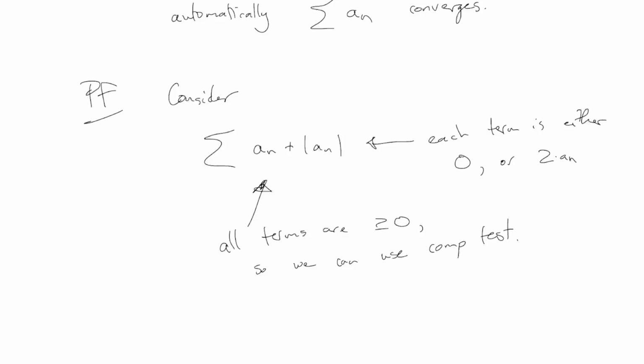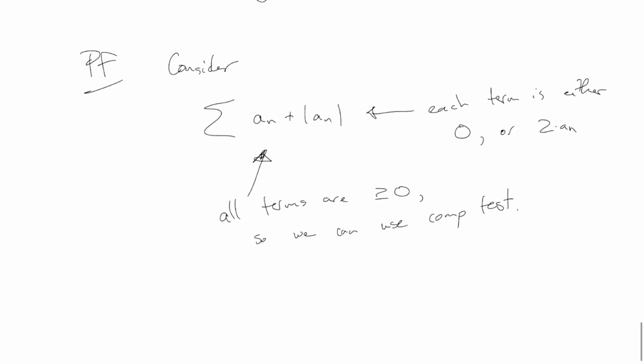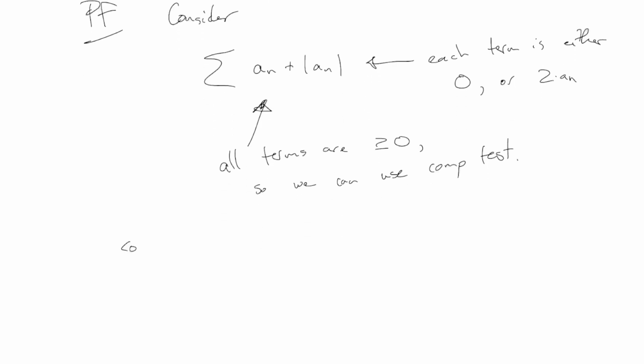The comparison test does not apply directly to the original series because many of those terms may be negative, but it can apply to this weird thing, an plus the absolute value of an. And what's the comparison we make? We compare like so: the sum of an plus absolute value an is less than or equal to the sum of 2 absolute value an.